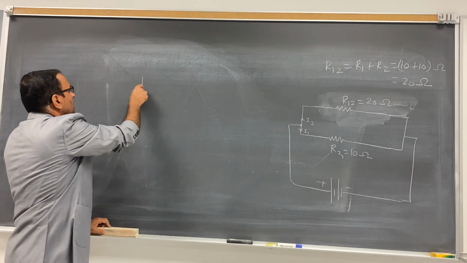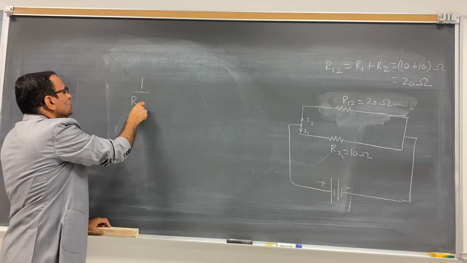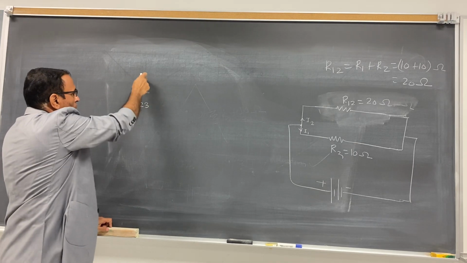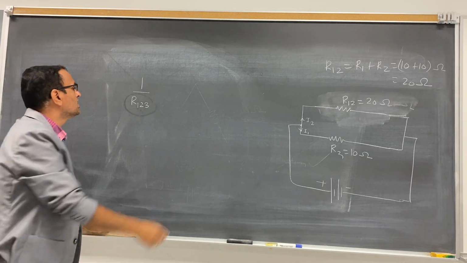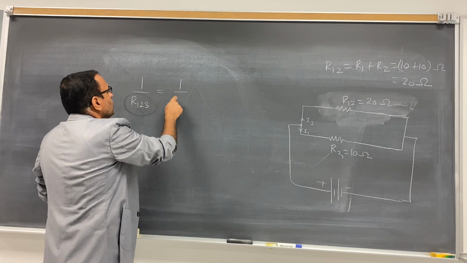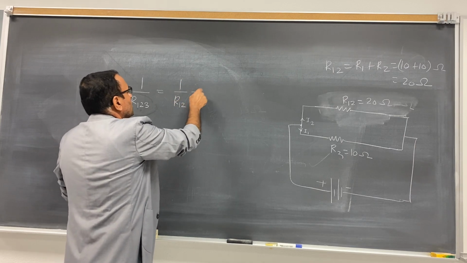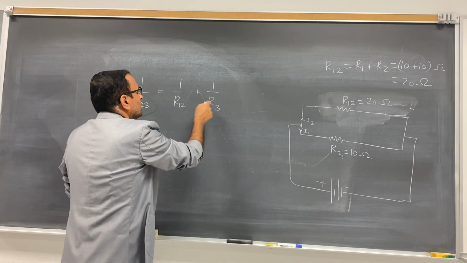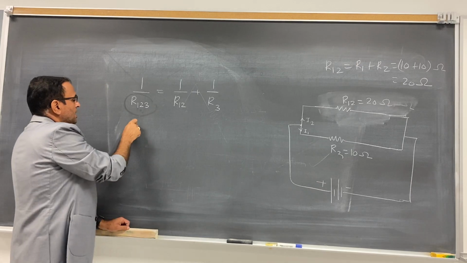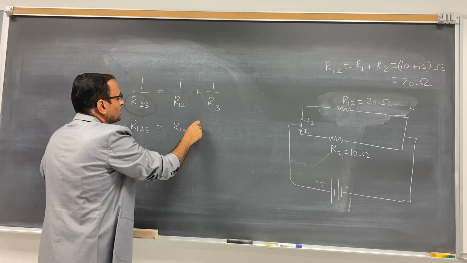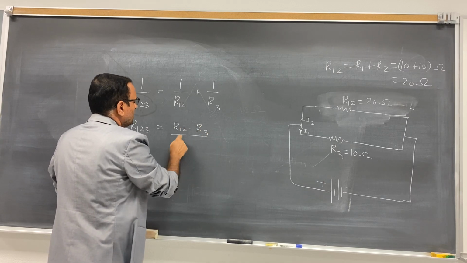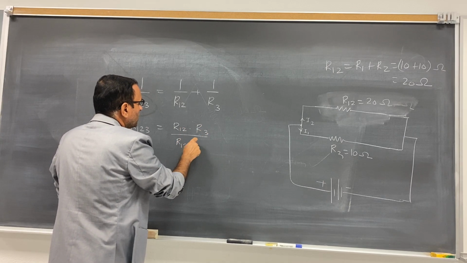Let's say the total is R123, not 1 over R123, just R123. This is the total resistance of the circuit. This is equal to 1 over R12 plus 1 over R3. Or you can write it like this also: R123 is equal to R12 times R3 divided by R12 plus R3.